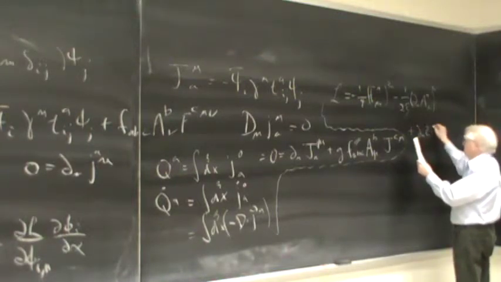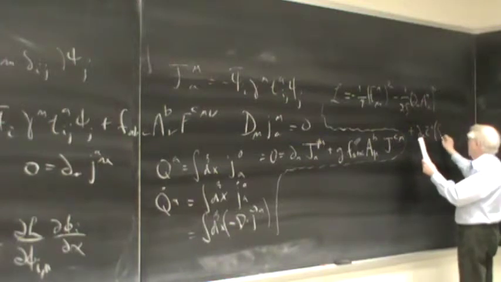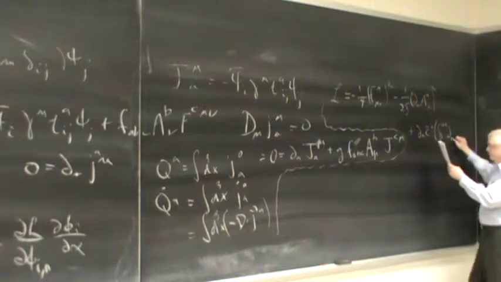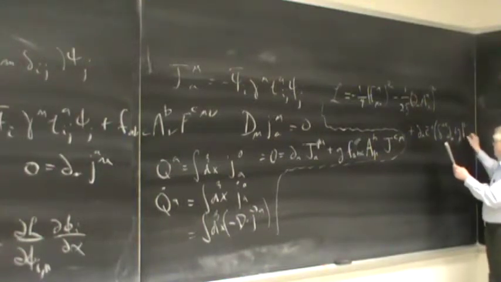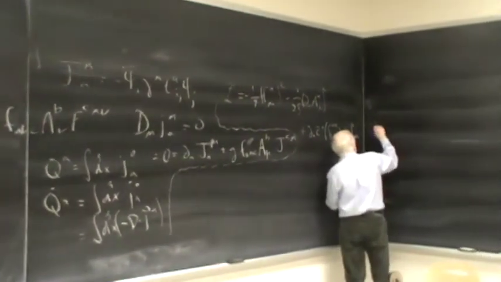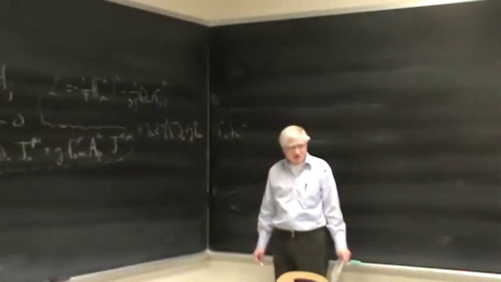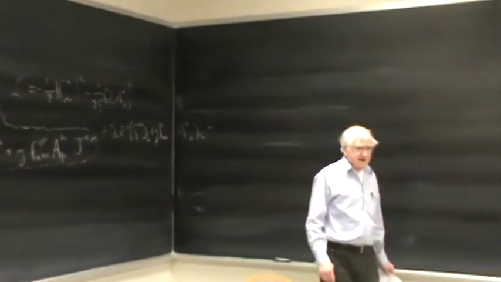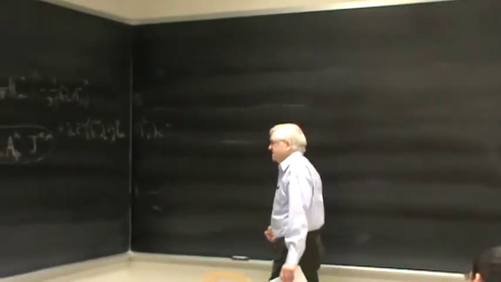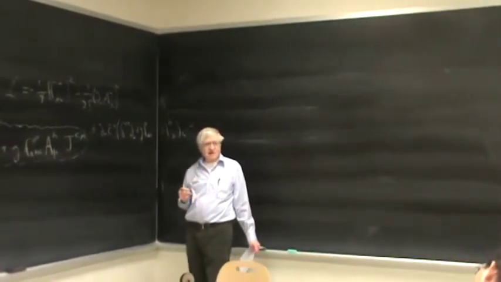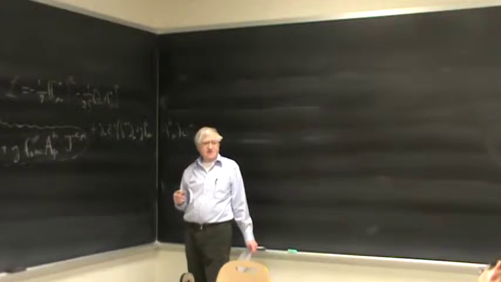D mu c bar A, delta AC D mu plus g f A B C A B mu C. So these are colored scalar fields that anti-commute. They don't exist in the initial or final states, so they're called ghosts because you can't detect them, but they're somehow there.